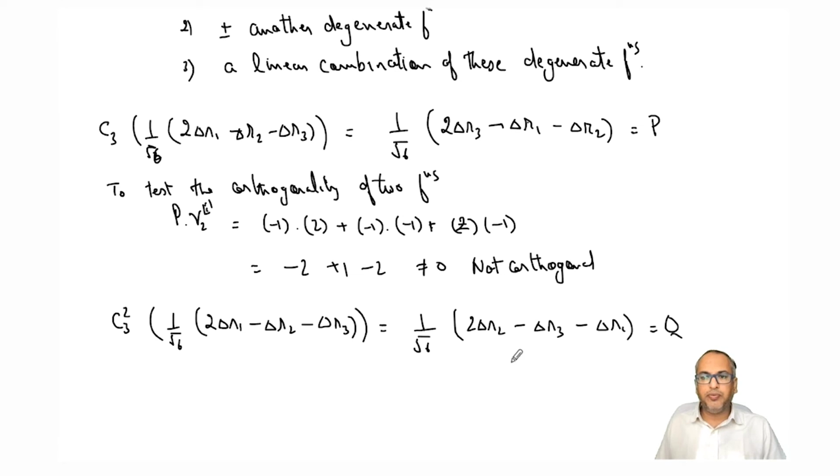Let us call this Q. Again, let's test the orthogonality of Q and nu 2 E prime. We will see that Q dot nu 2 E prime is not equal to 0. So again, this is not orthogonal.